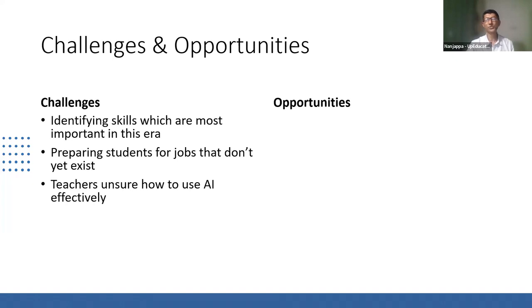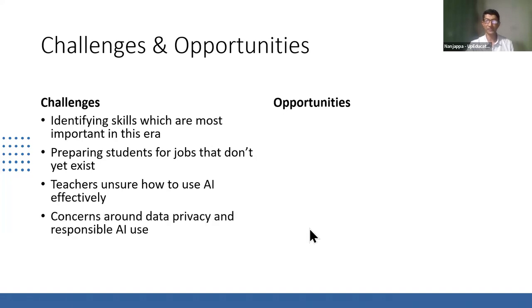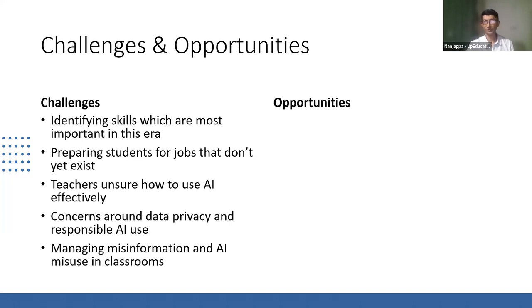Teachers are unsure how to use AI effectively. What is a prompt that I need to give? Can I give my school name? Can I enter the child's name? These kinds of things. Then concerns about data privacy. When you're entering the child's name, will this information go out? Is the teacher allowed to enter the school name when they are giving a prompt? Then, of course, fake news.